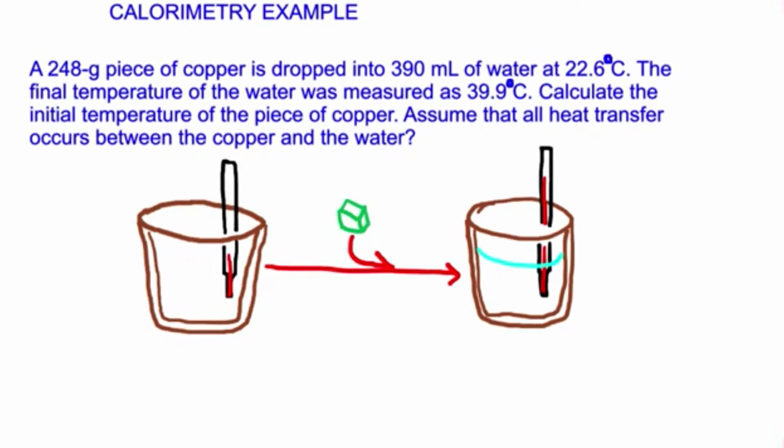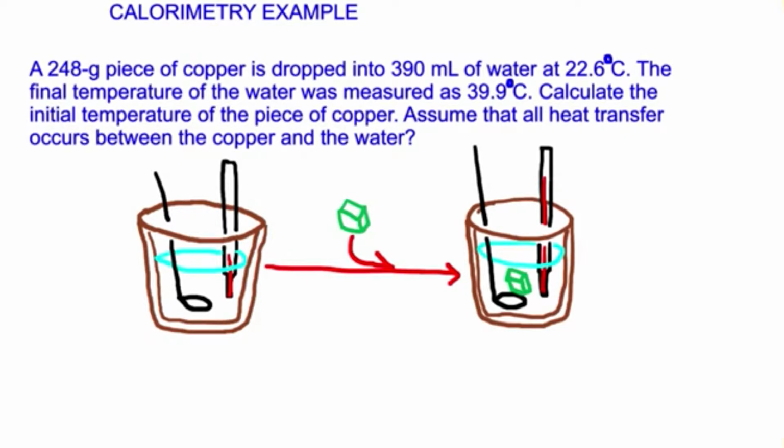And of course, if heat is lost by copper, the temperature of copper inside the surrounding water will drop to the final temperature of water, because they are establishing thermal equilibrium.